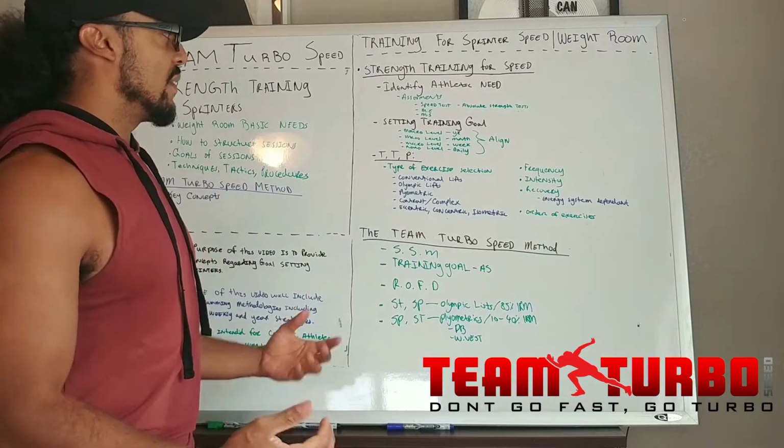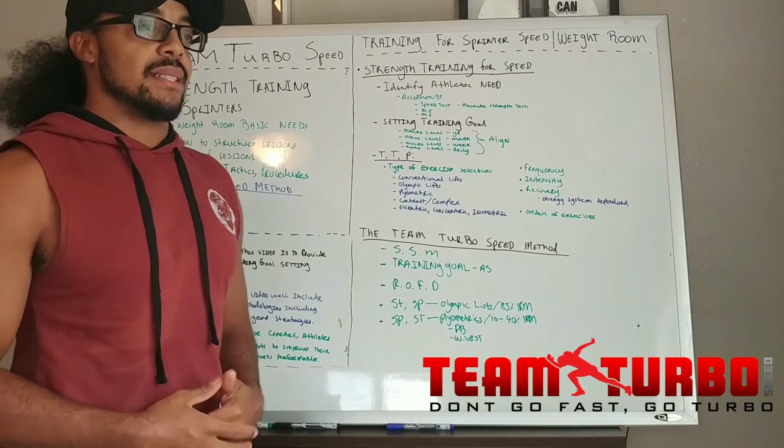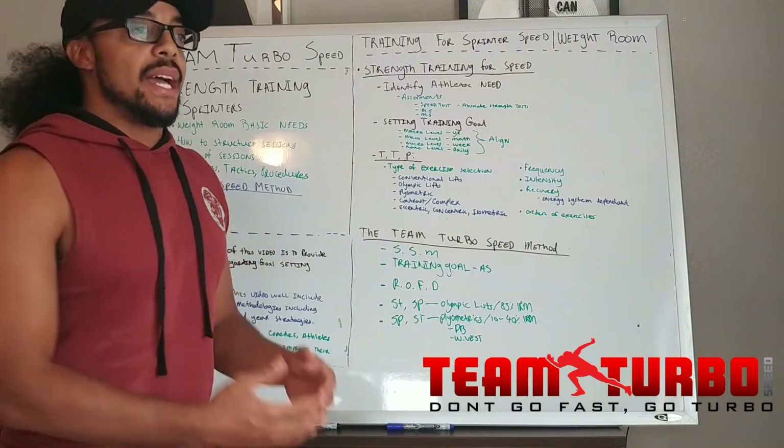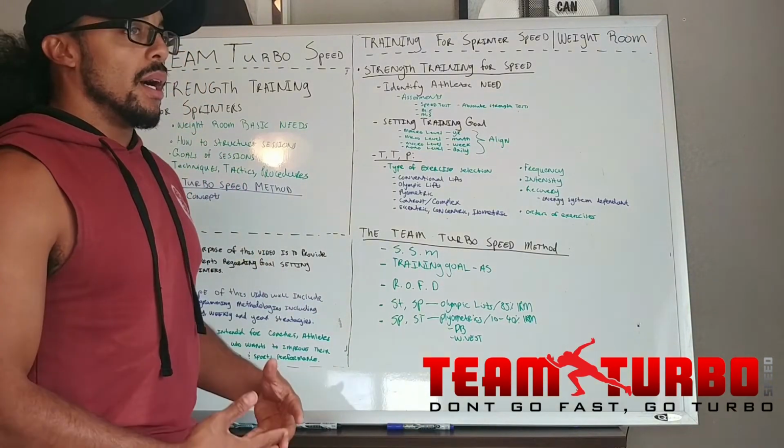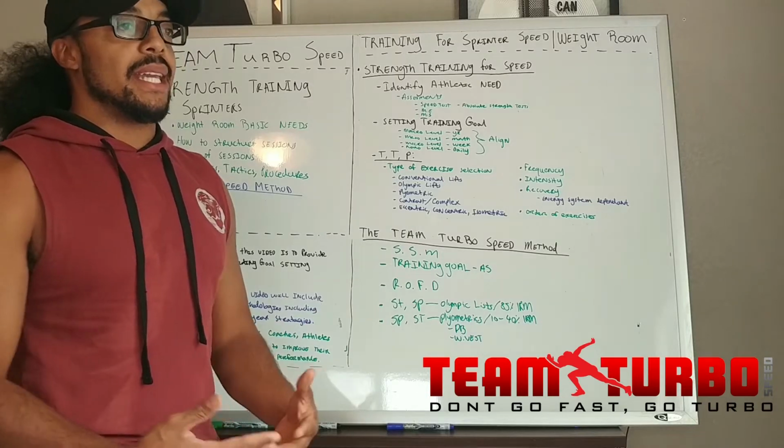Okay. So specifically what that looks like is for speed testing. Before you get into the weight room, as you're starting to build your program, you are going to start compiling the data into a spreadsheet.